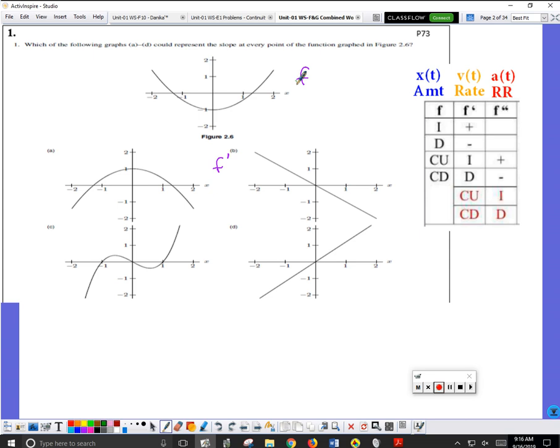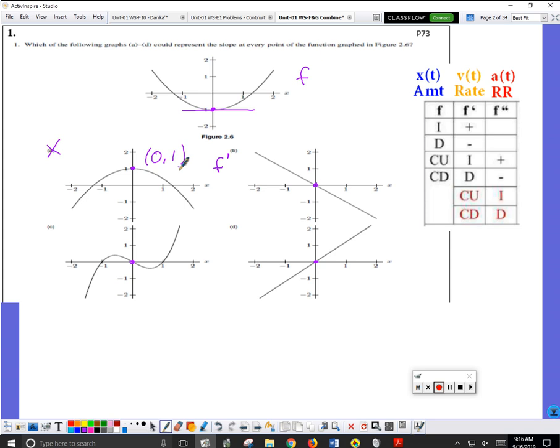For example, right here, the tangent slope is 0. That's x equals 0. That means down here, for there to be a match, at x equals 0, the y-coordinate must be 0. So these three match. This one does not. Here on f prime, I've got x equals 0 and the y-coordinate is 1. That would be telling you that up here, the tangent slope would have to be 1 at x equals 0.